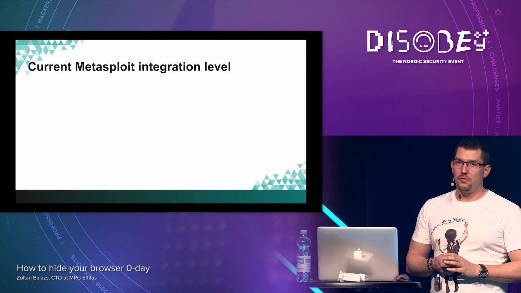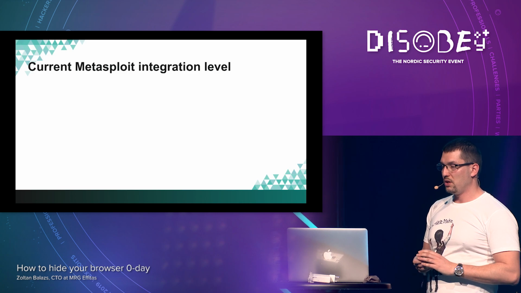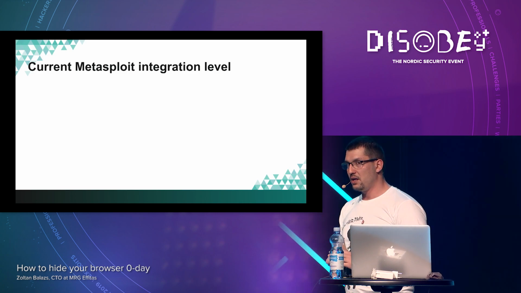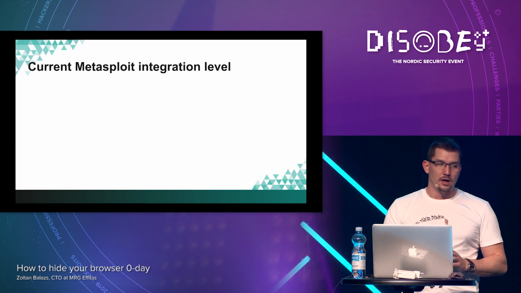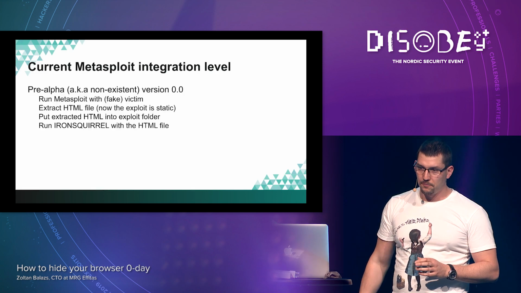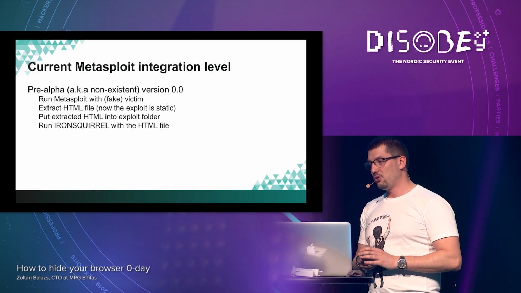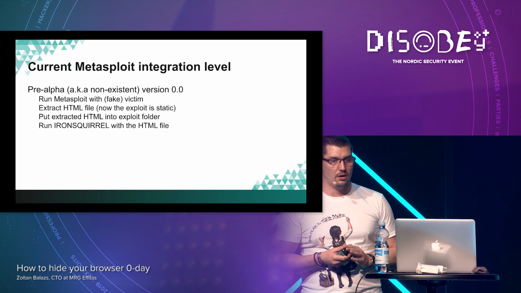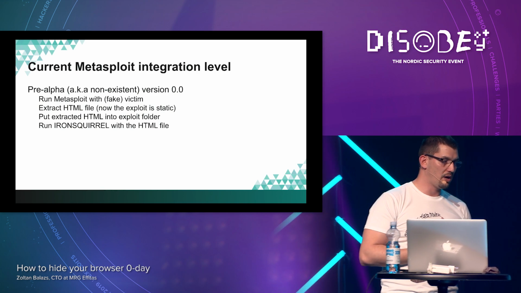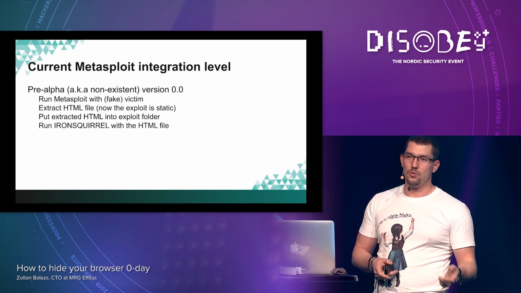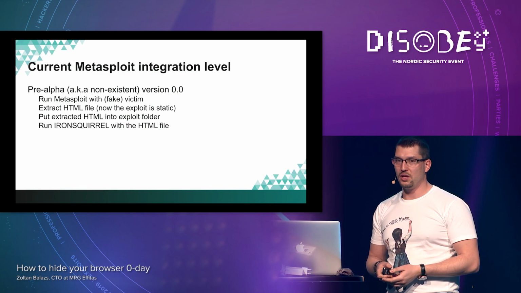As I mentioned in the very beginning, I implemented my code in Node.js, then I ported it to Ruby. And the main idea was that after it's written in Ruby, I can integrate it into Metasploit. Unfortunately, it turned out it's a lot harder than I thought. I really tried to do that and failed. The issue is that if you are trying to write a new module for Metasploit, it's pretty easy.